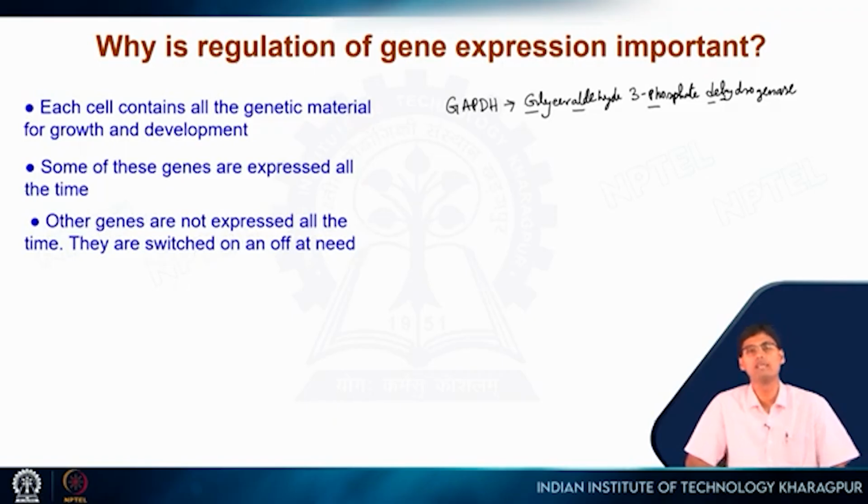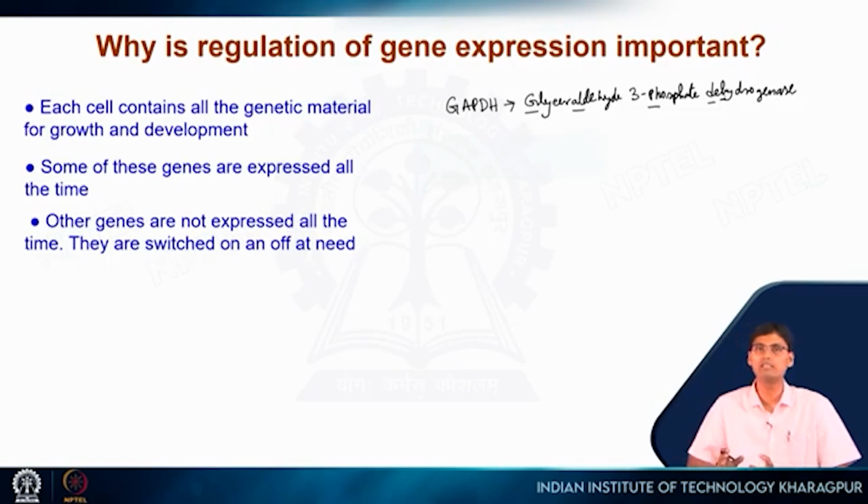This helps in glucose metabolism. As we know, each living cell needs to metabolize glucose and produce ATP. So this enzyme is present everywhere, and this gene is also getting expressed. That means it is making product from this gene all the time.